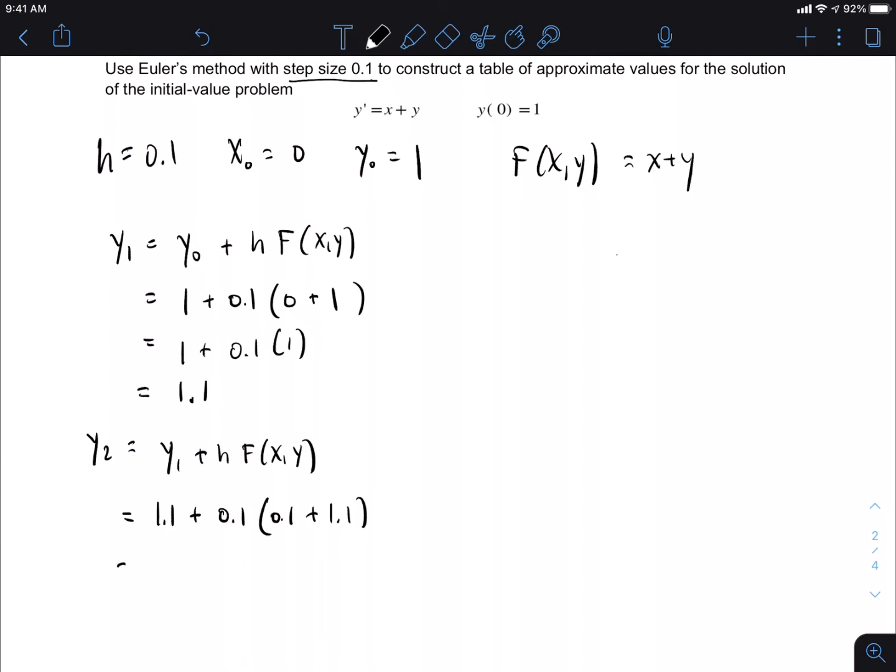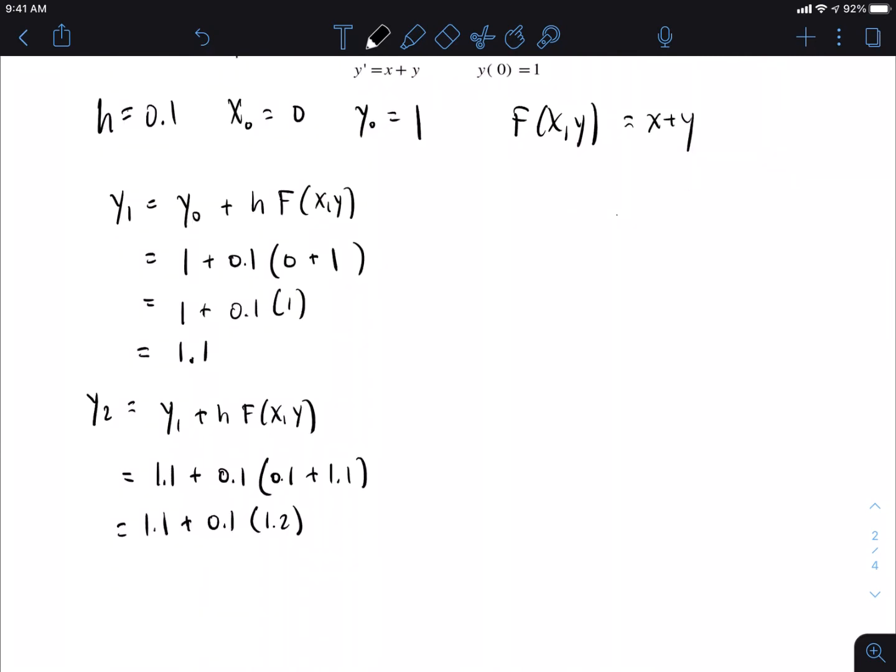Yes. So I'm going to get 1.1 plus 0.1 times 1.2. And that's going to give me 1.1 plus, what is that? 0.12. Correct. Which will give me 1.22.